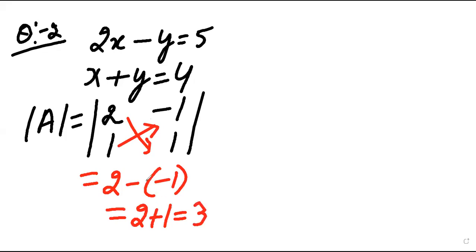That is also not equal to 0. Here also not equal to 0. So it will again give a unique solution. Here also a unique solution. Now come to the next question.